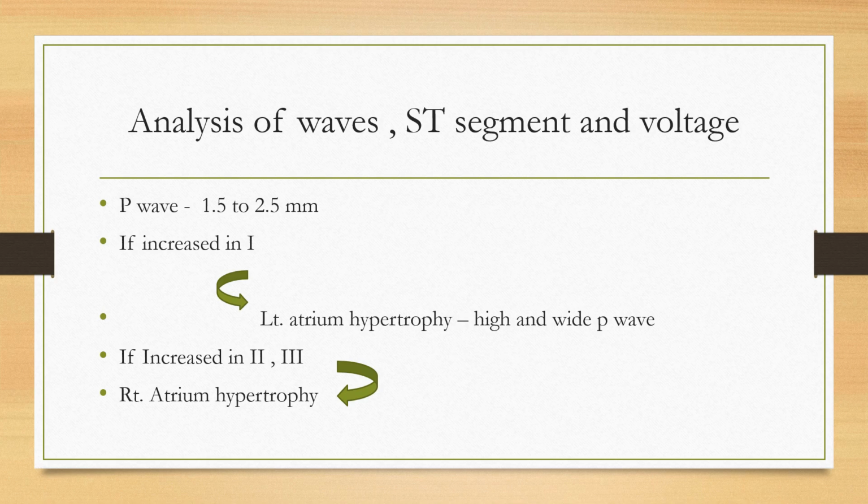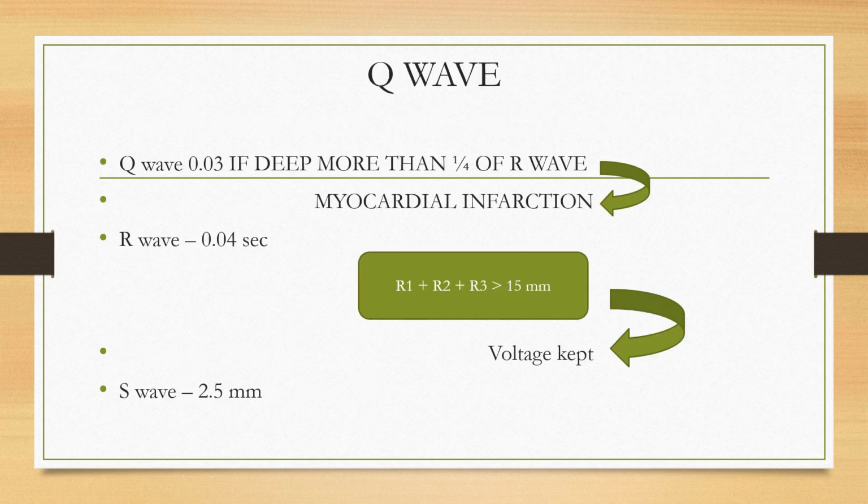And if it is increased in second and third standard lead, then we can say about right atrium hypertrophy. So we can easily differentiate between right atrium hypertrophy and left atrium hypertrophy on the basis of P wave amplitude.